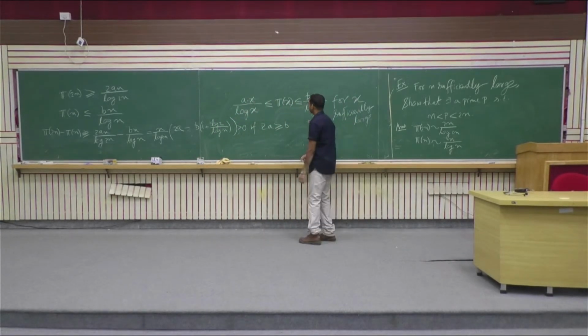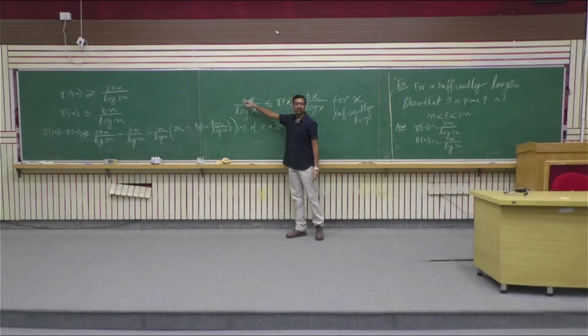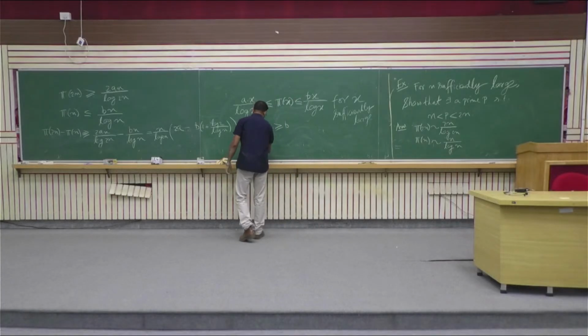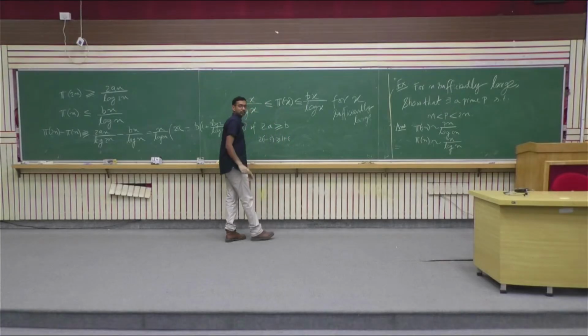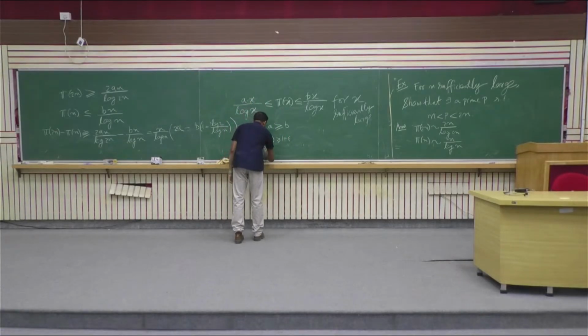And so if you take, for example, this as 1 minus epsilon and this one as 1 plus epsilon, all you require is that 2 times 1 minus epsilon be larger than or equal to 1 plus epsilon, and that is just 1 larger than or equal to 3 epsilon.